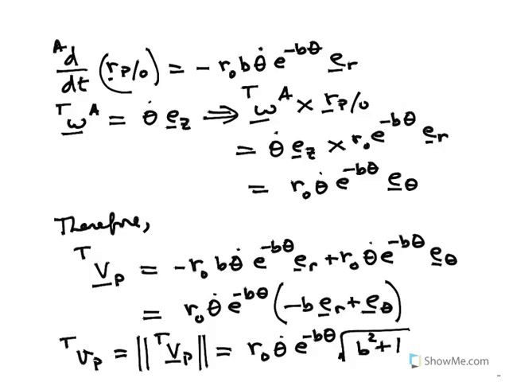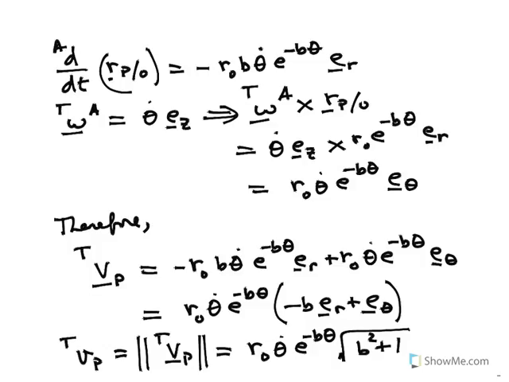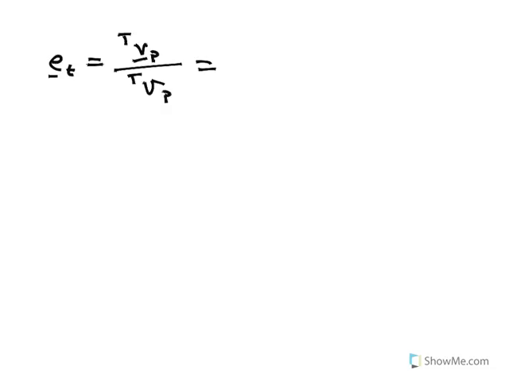So from this, we now know that the tangent vector, in terms of cylindrical coordinates, which is equal to the velocity divided by the speed relative to the track, is equal to, what's it equal to? Well, if we take the velocity and divide by the speed, the R0 theta dot e to the minus b theta cancels out, and we wind up with minus b ER plus e theta, all divided by the square root of b squared plus 1.